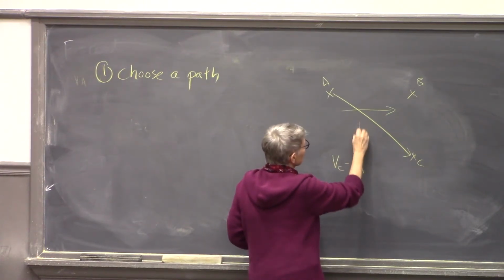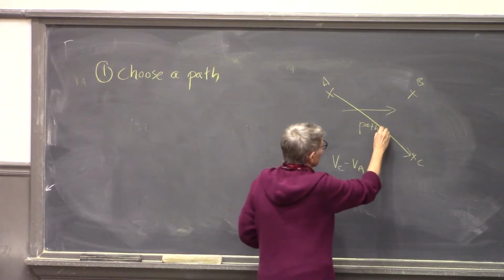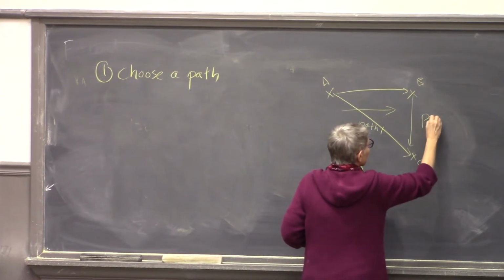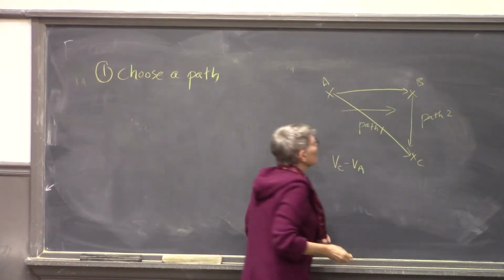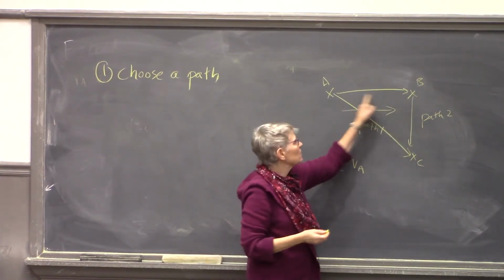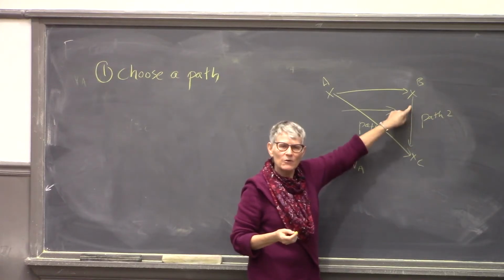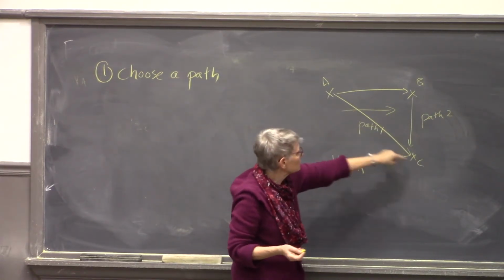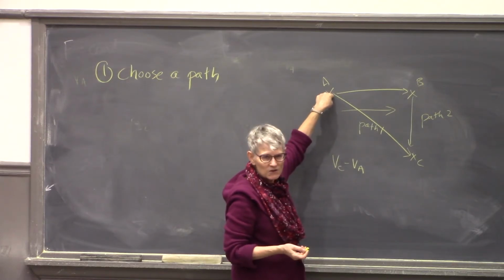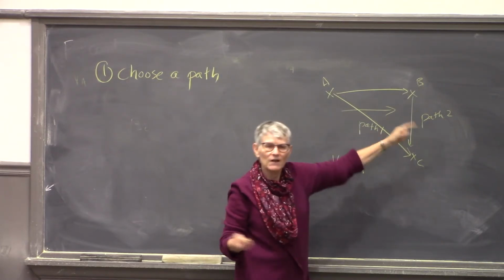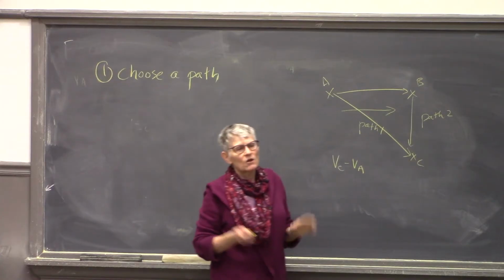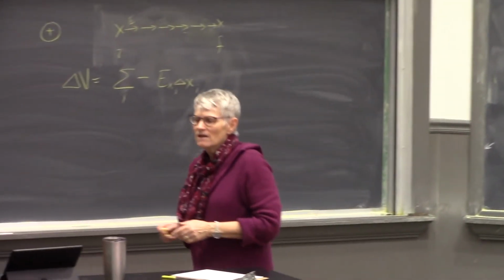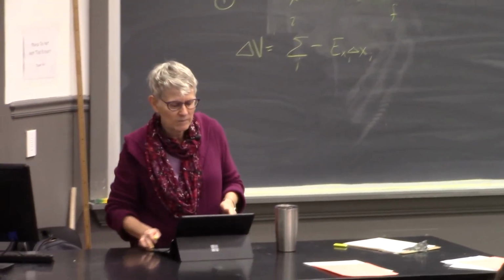We could choose this as path 1, or we could do that. And that was simpler because this was easy to calculate and that was 0. It comes out to the same either way because the round trip potential difference has to be 0, so going the other way has to add up to those two, right? So we choose a path that looks convenient, and that's a useful thing.